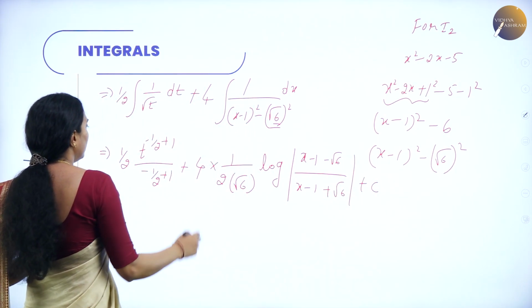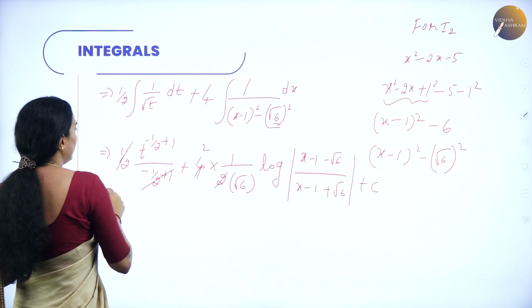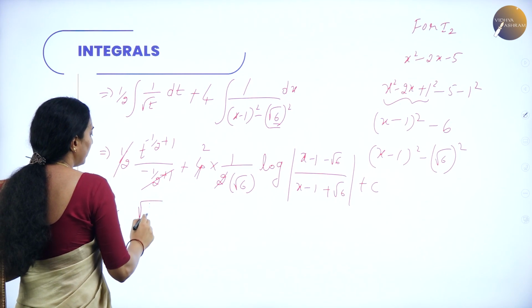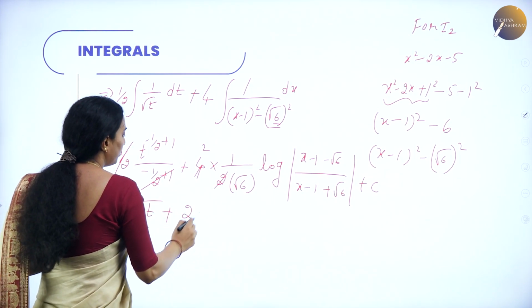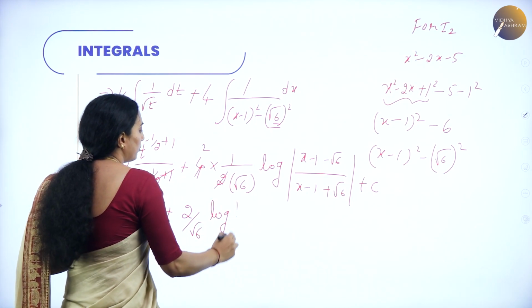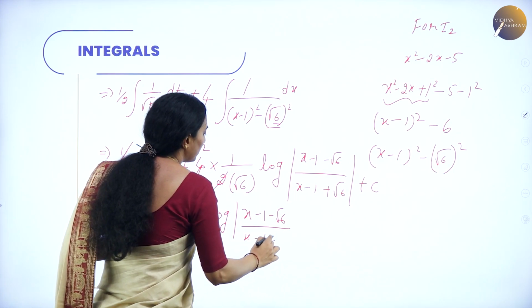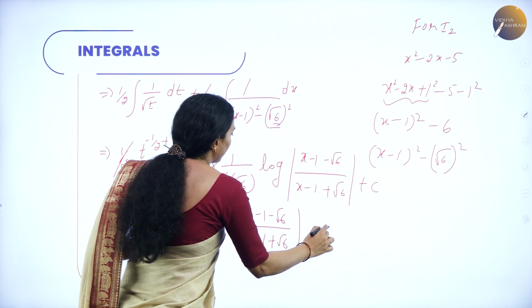Now again here the 2 ones and the 2 twos, so the half will get cancelled. This will be root under t plus 2 by root 6 into log of modulus of x minus 1 minus root 6 divided by x minus 1 plus root 6 plus c.